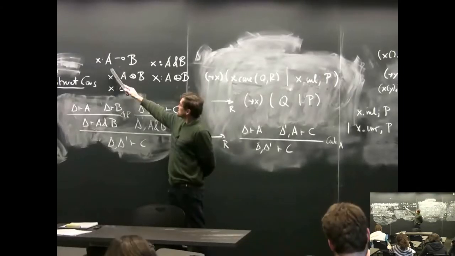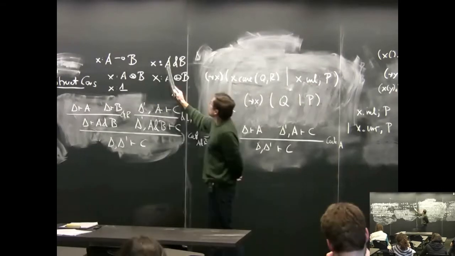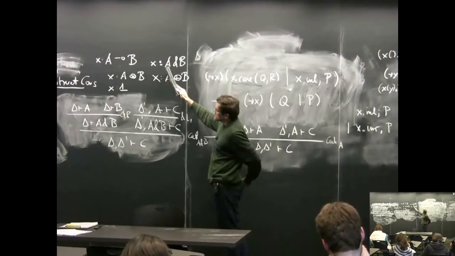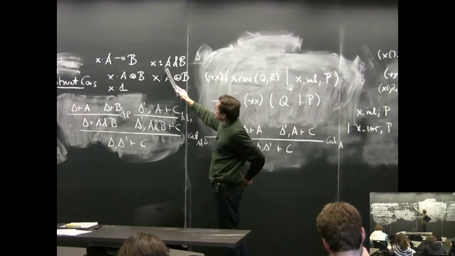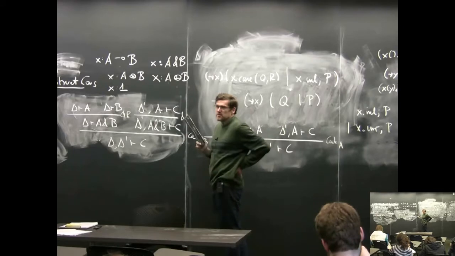To provide this, I have to input an A and behave like B; output an A and behave like B; terminate; or permit the client the choice between A and B. Another way to say that is I input a token that tells me whether I go to the left or the right, and then do one or the other. And here I output a token saying whether I provide this or provide that, and then continue to provide that.